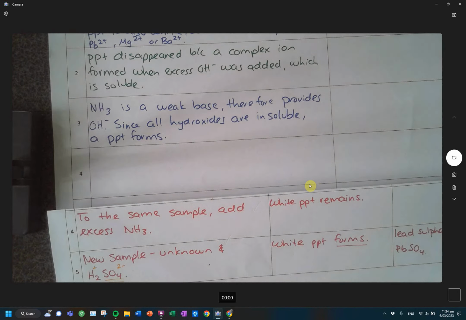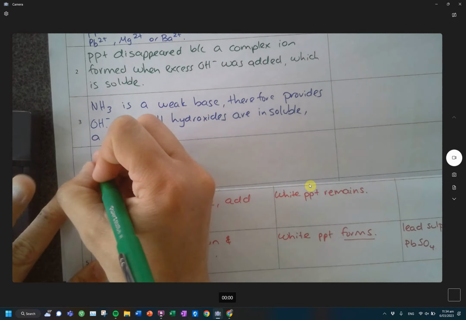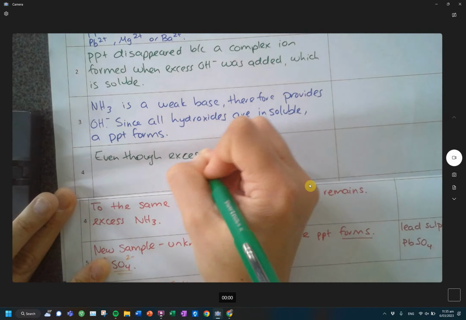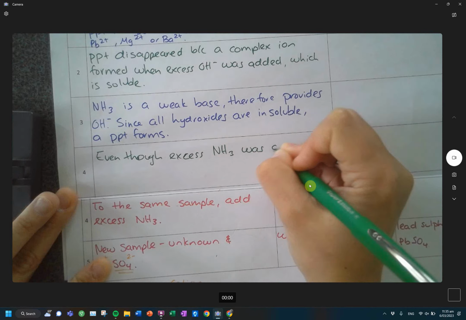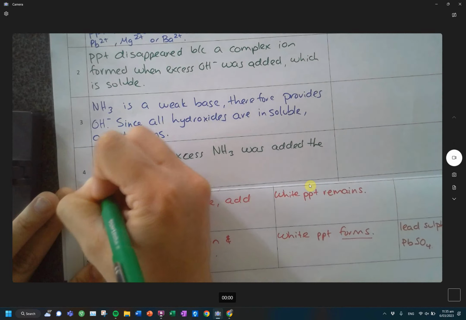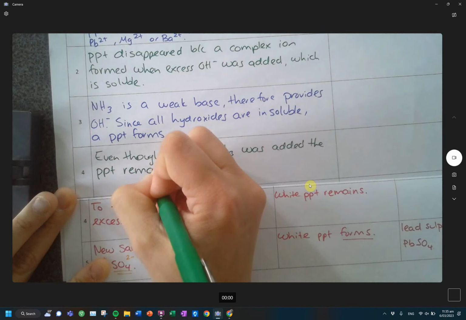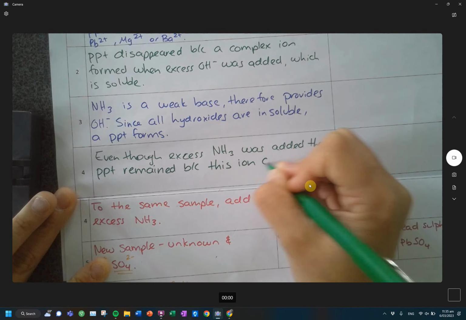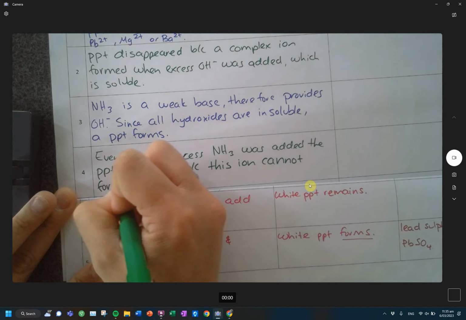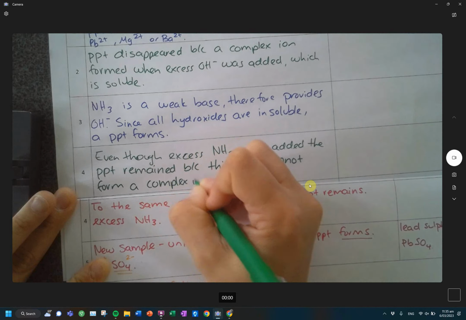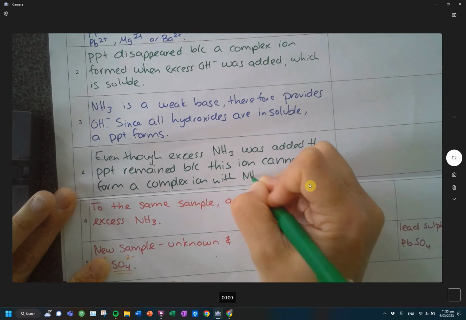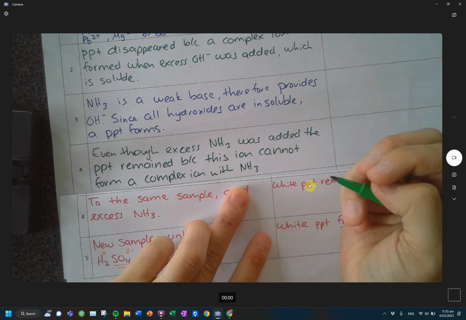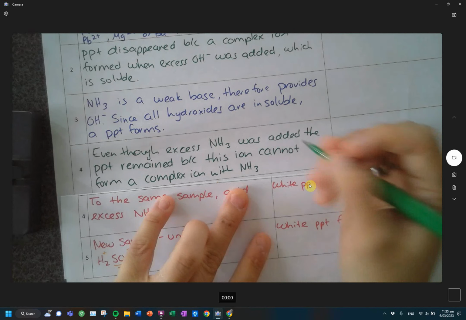So, even though excess NH3 was added, the PPT remained because this ion cannot form a complex ion with NH3, thus remaining insoluble.